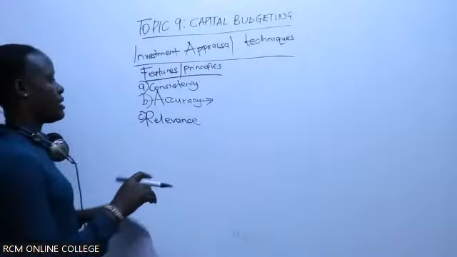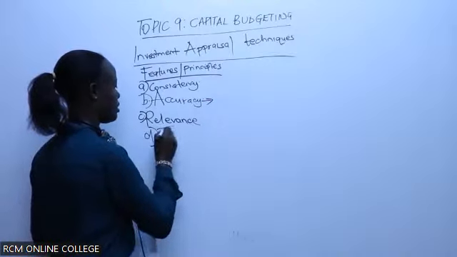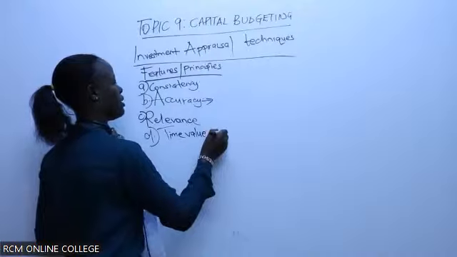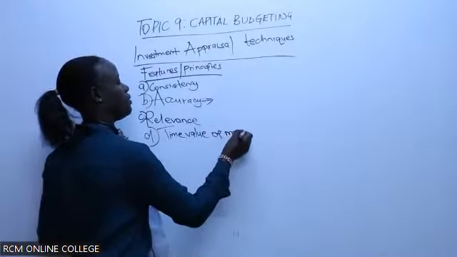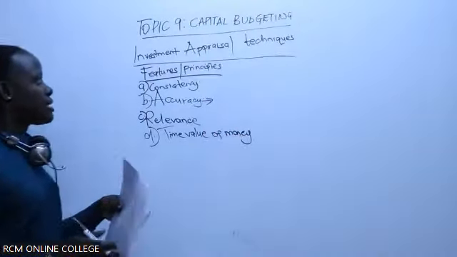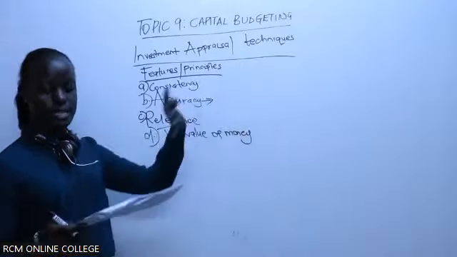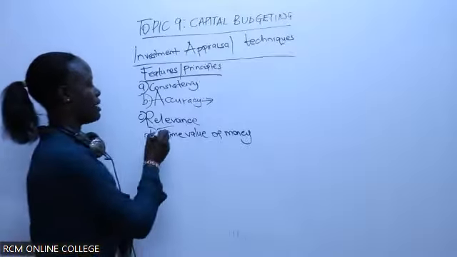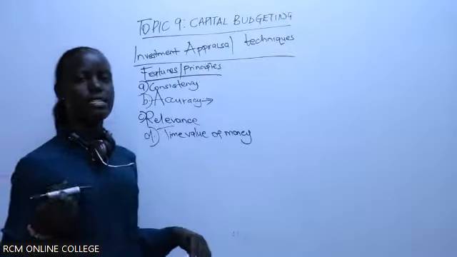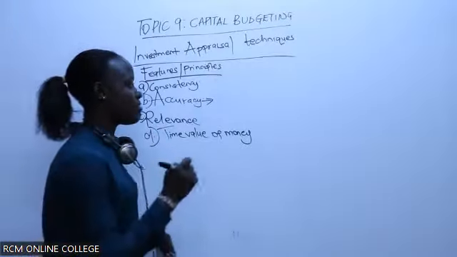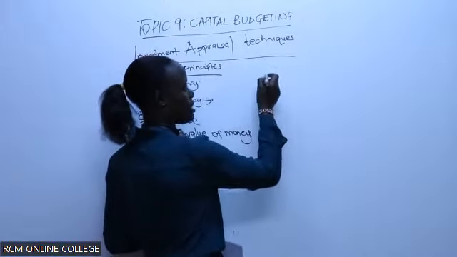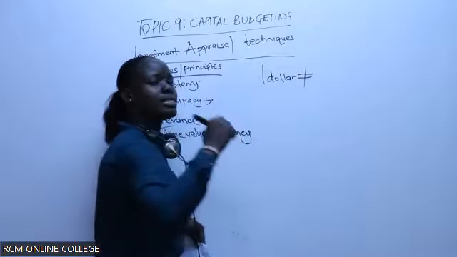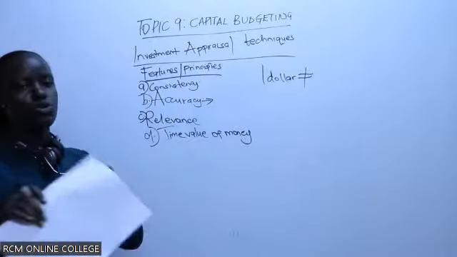You can also talk of time value of money. Investment appraisal techniques should incorporate the time value of money. This is where an investment appraisal considers that, for instance, the value of $1 today won't be the same as the value of the same dollar tomorrow.